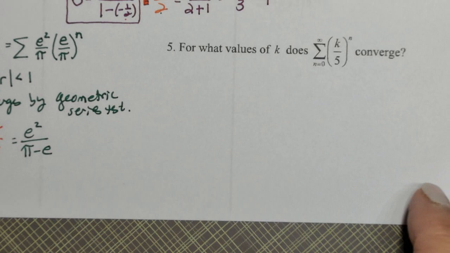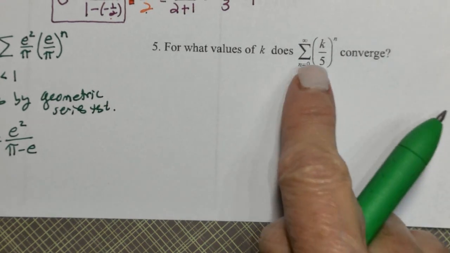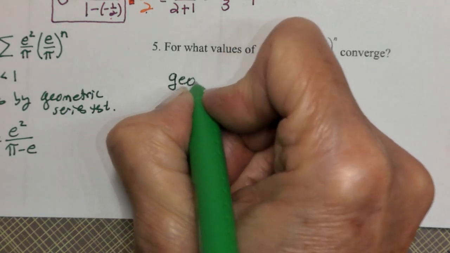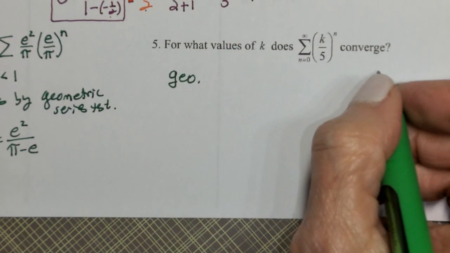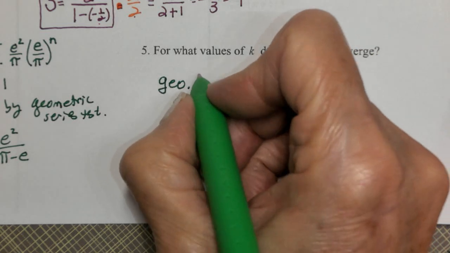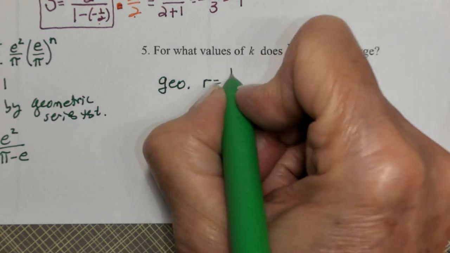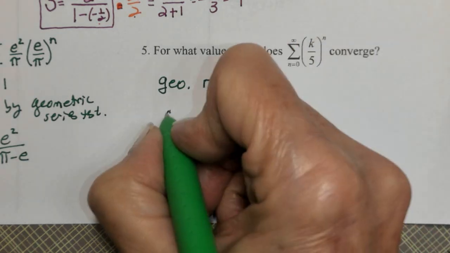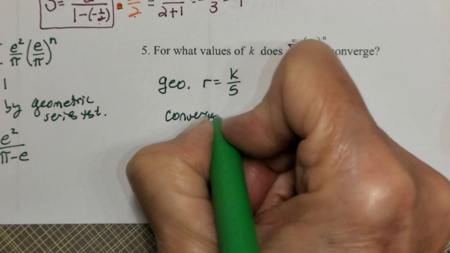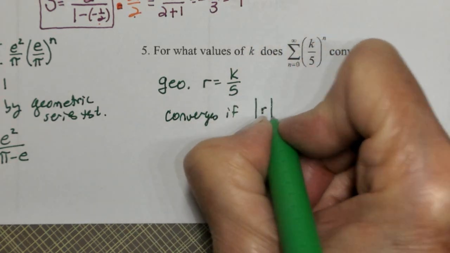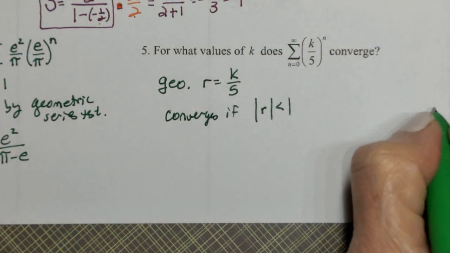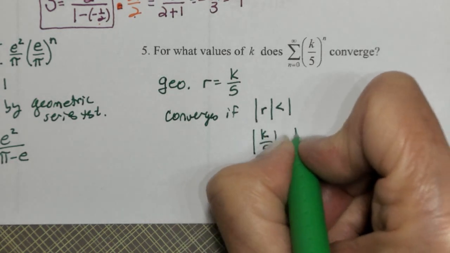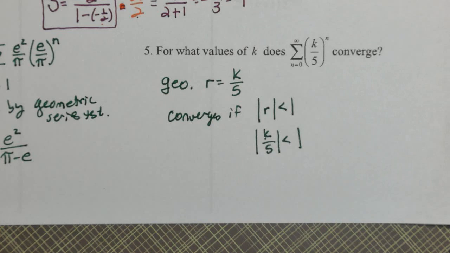Last example. For what values of k does this thing converge? Well, this is a geometric series, and r is k over 5. Well, this converges if the absolute value of r is less than 1, right? So we want the absolute value of k over 5 to be less than 1. What does it take to do that?